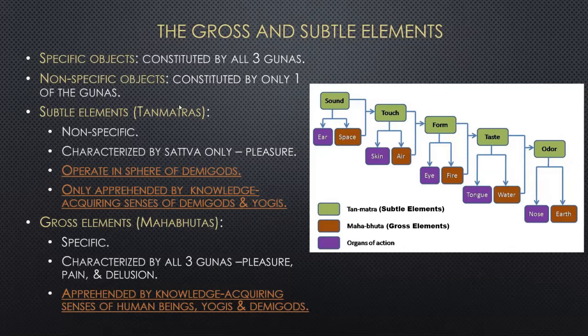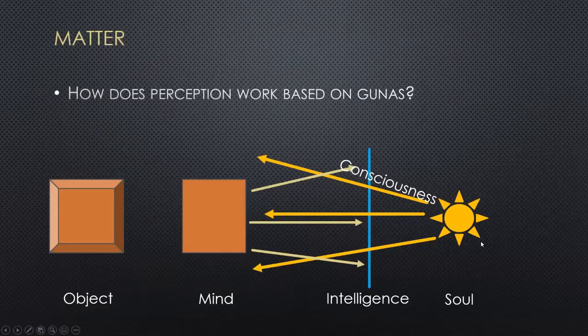So how does perception work on the gunas? That's still something that we have to investigate a little further. But what we know from the yoga tradition, this is the Sankhya within yoga, is that if we have an object, then the mind, the manas, comes out and takes hold of this and takes the shape of this object.